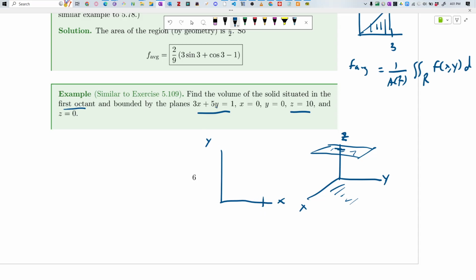If you set y equal to 0, then you have that x is equal to a third. So you have this point on the x-axis. If you set x equal to 0, then you have y equals 1/5, which I suppose is a little bit closer. So you have this point. And this is a line, so you connect these 2 points.